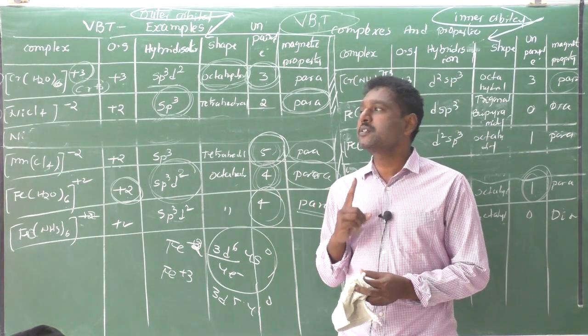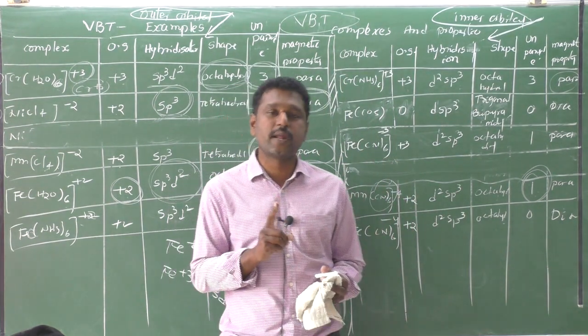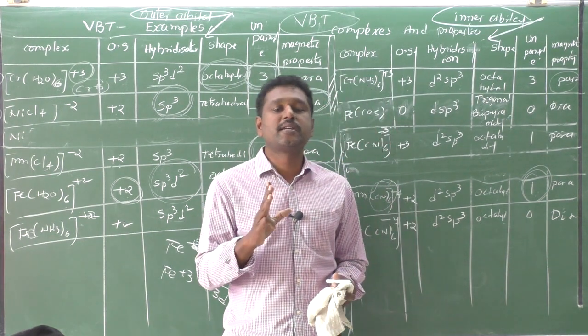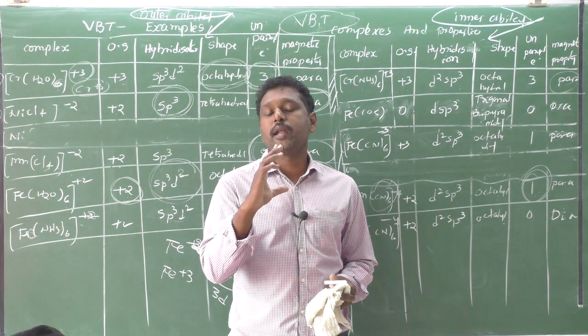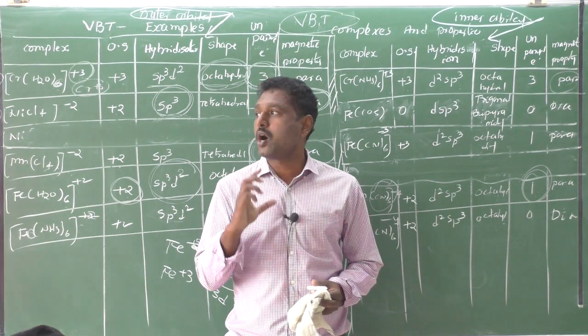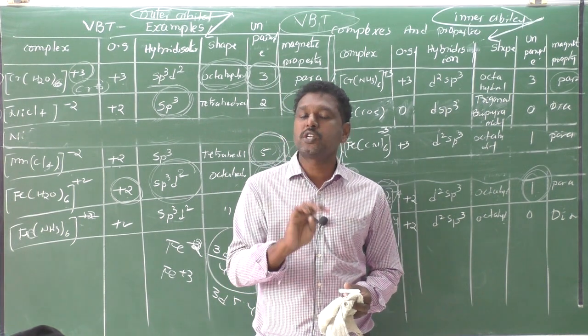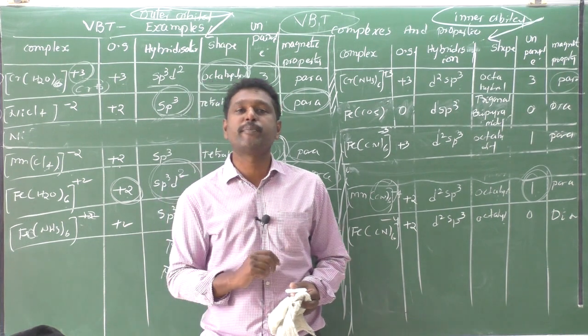So what is the basic thing here? The ligand present, the oxidation number and the coordination number. Remember these three; based on these we can confirm the geometry of the molecule. If the coordination number is 6, the shape is octahedral. If the coordination number is 4, square planar is possible and tetrahedral is also possible. You have to remember this.